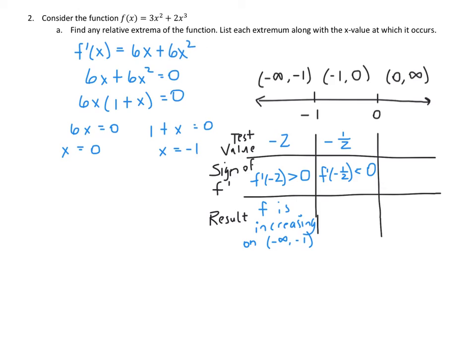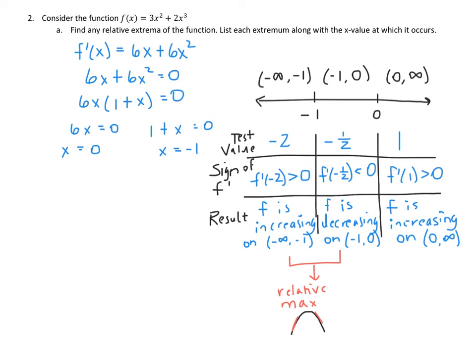So that tells us that our function is decreasing on that interval. So f is decreasing on negative 1 to 0. Now in our last interval, 0 to infinity, let's pick a test point. I could pick, say, 1 as a test value. If we plug 1 into our derivative, we get a positive value. So f prime of 1 is greater than 0. So that tells us our function is increasing on the interval 0 to infinity.